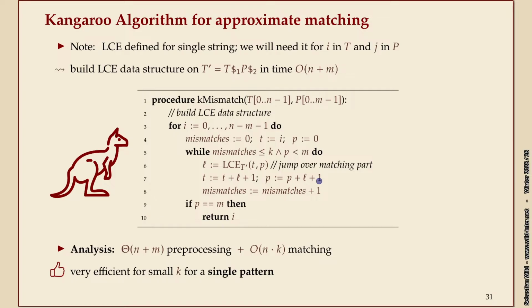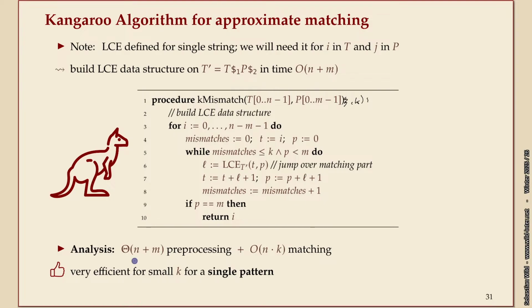And I'm already adding +1 here because I don't have to check the next character. It has to be a mismatch by definition. So I can directly jump over this and count it. And so again, if I run out of budget for the mismatches, then it would probably be useful to have k as a parameter here. If I run out of mismatch budget before I'm done with the pattern, then that's not a match and I have to continue. Otherwise, I can return this.